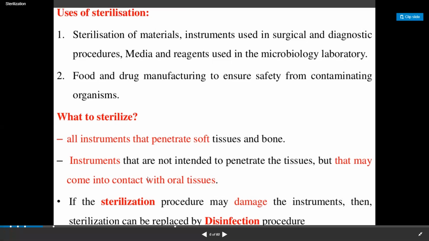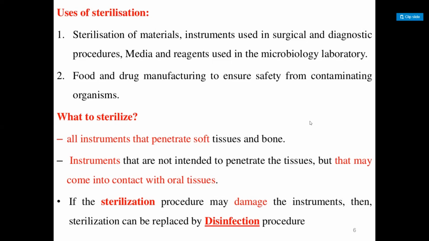But what comes in contact with oral tissue, suppose you are putting some probes into your mouth, you need to sterilize those probes immediately, because the microorganisms present on the probe will move on to another patient. In this way things can get contaminated. One thing you have to take care of is that the sterilization process should never damage the instrument. It should not destroy the properties of the instruments.